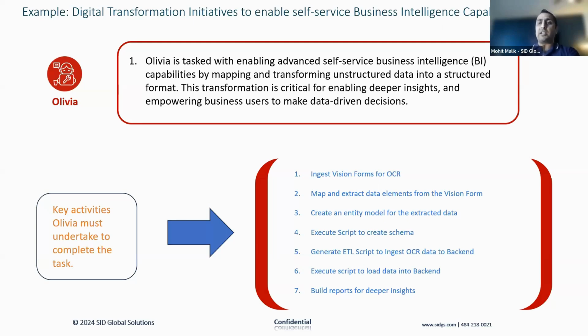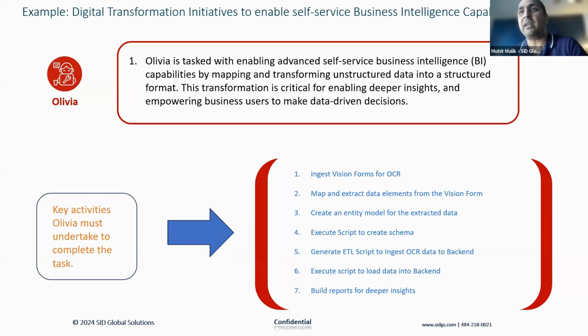Now, if you look at a traditional way of software development, Olivia has to go through a defined set of activities. I just listed a few of the critical ones on the right side of the slide. She has to ingest those documents for the OCR.